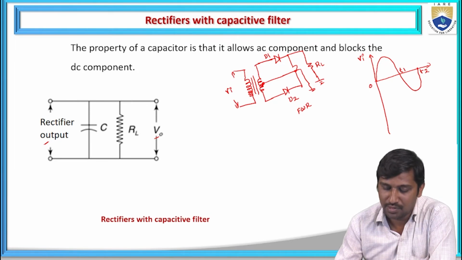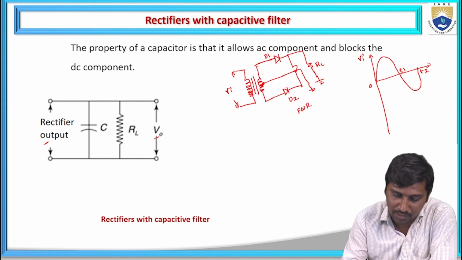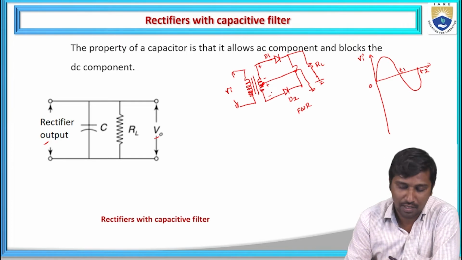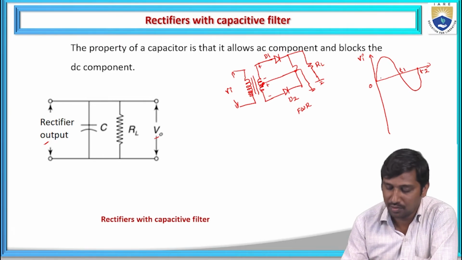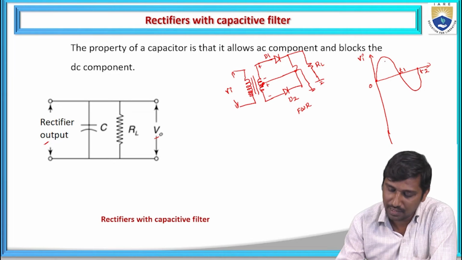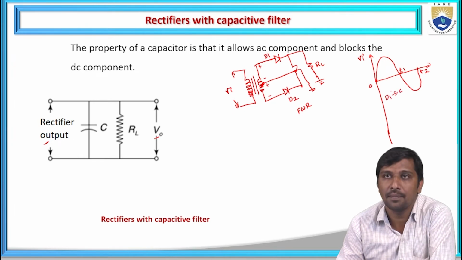During the 0 to T1 interval, this is plus, minus, and again plus and minus. What happens here is that the positive magnitude is passing through the anode of D1, hence under this condition D1 acts as a short circuit, means on.